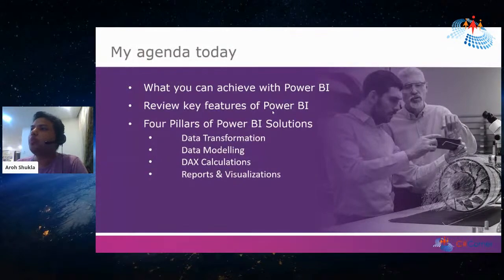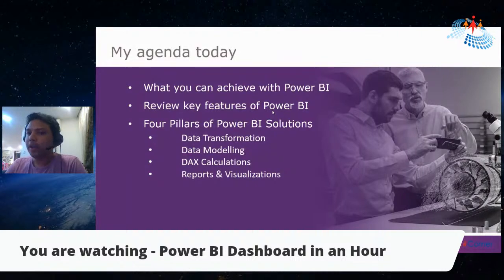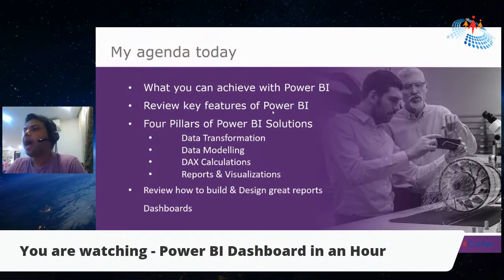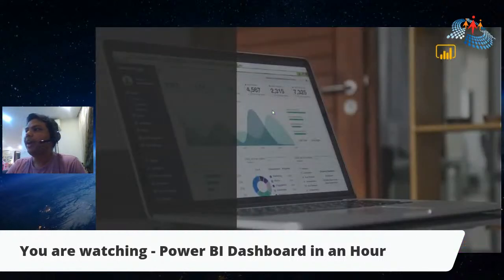It's not related only to Power BI, but all data solutions need four main parts: data transformation, data modeling, DAX calculations, and last, certainly not the least, reports and visualizations. And we review a new dashboard report from scratch.